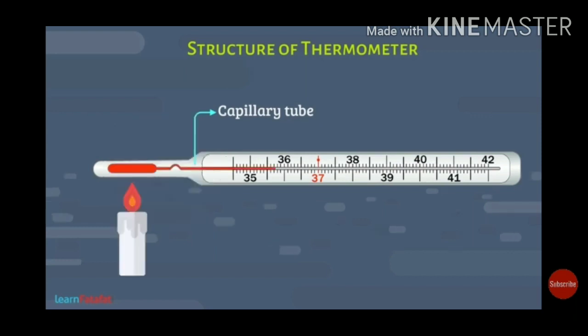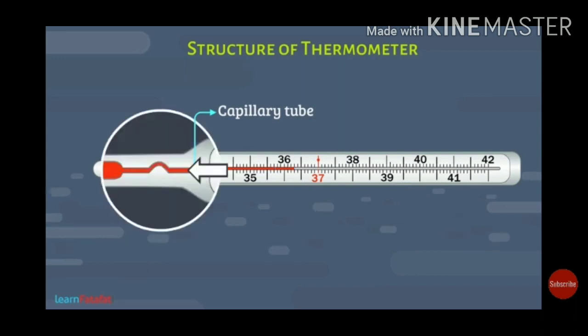When the clinical thermometer heats up with our body temperature or with the help of a candle or any stimulus, the level of mercury increases, and this capillary tube bends more. So students, now we can measure the temperature with the clinical thermometer.